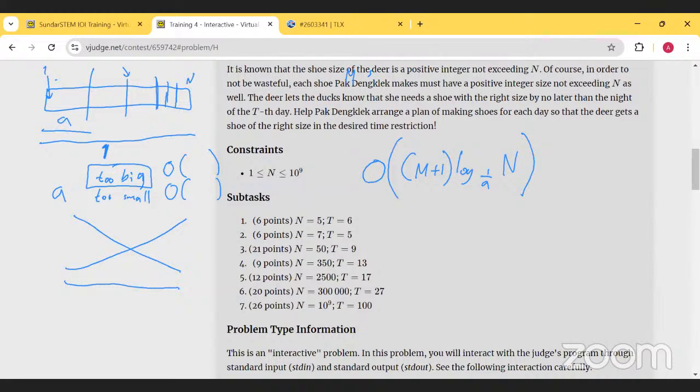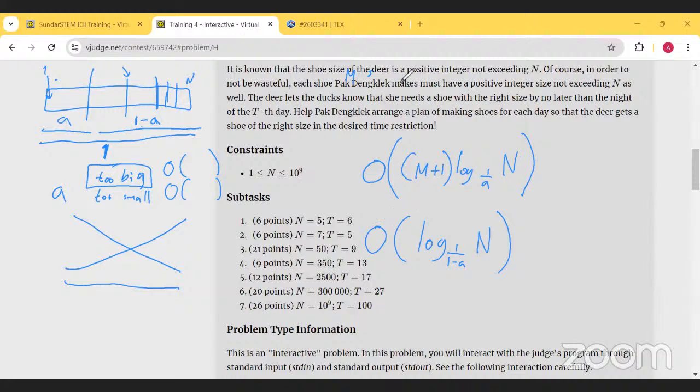But unfortunately, here the number of possible answers is still big. So the complexity is just log base 1 divided by 1 minus a of n, like this. Okay.